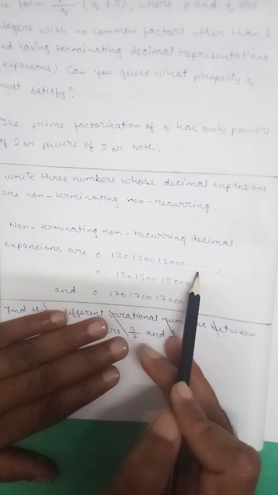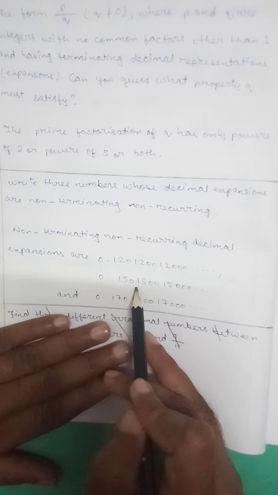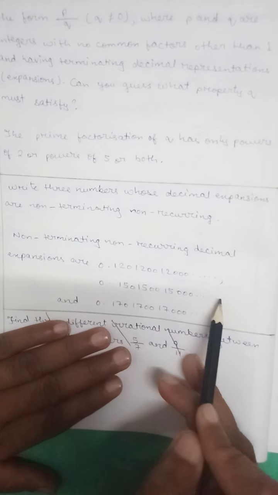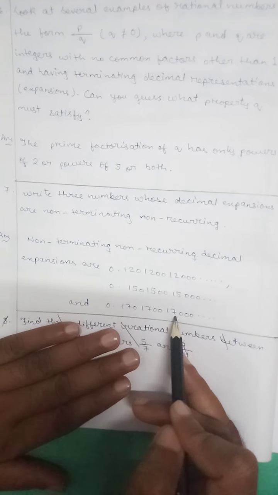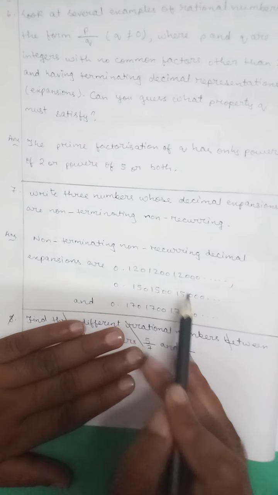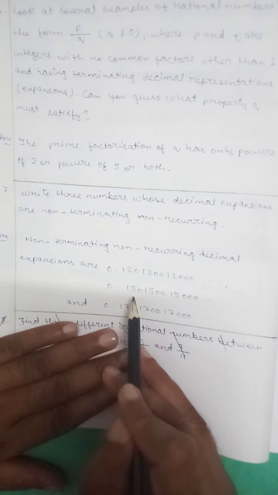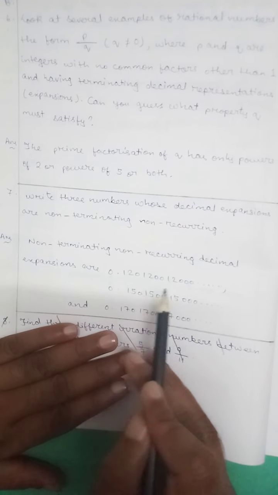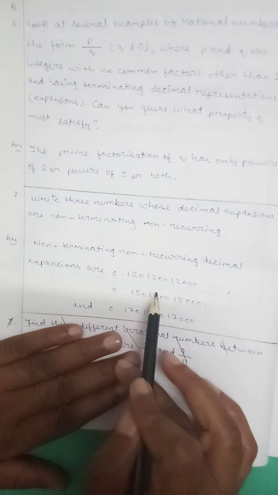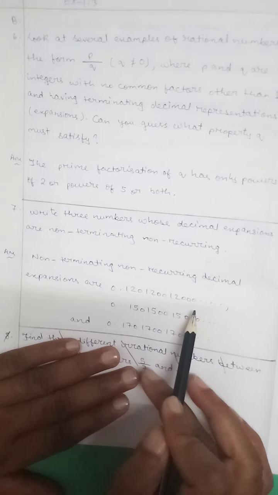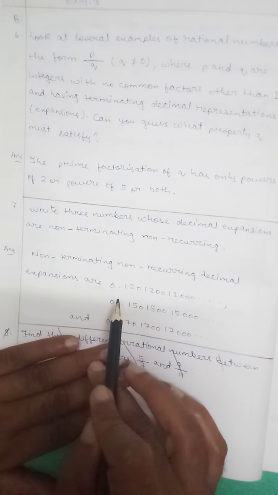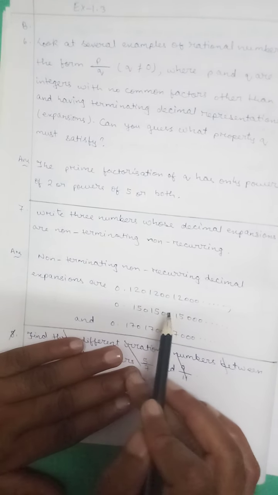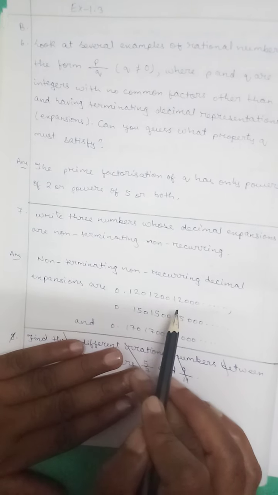Numbers are not repeated. 0.150, 1500, 15000, and so on. 0.170, 1700, 17000, and so on. One format I have used to write 3 examples of non-terminating, non-recurring decimals. You can follow any other example also, but make sure that numbers should not be repeated. But when you follow it like this, with some criteria and idea, it will be helpful for you. So please take care of this.